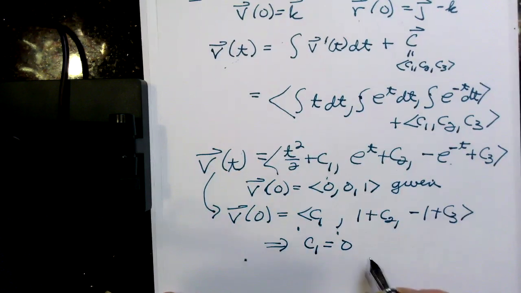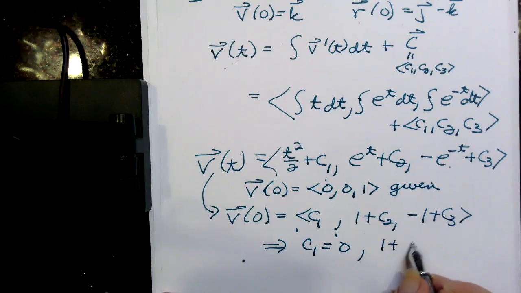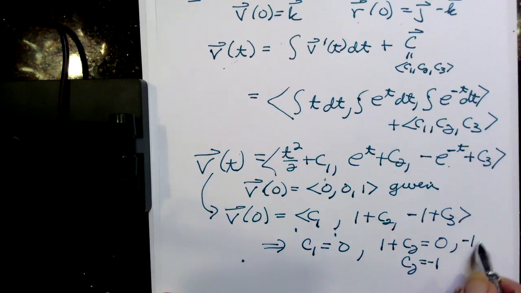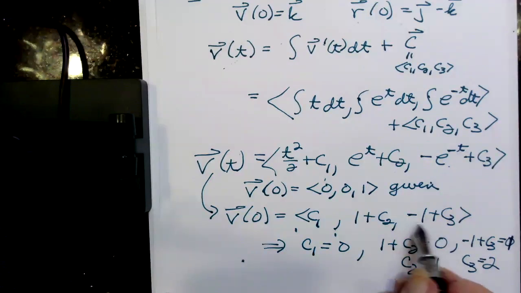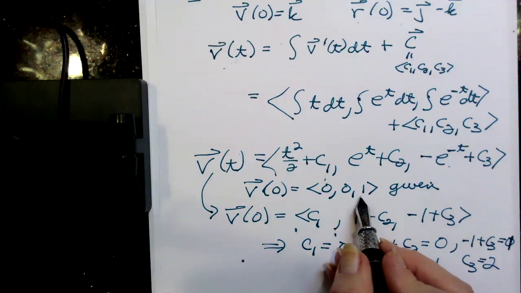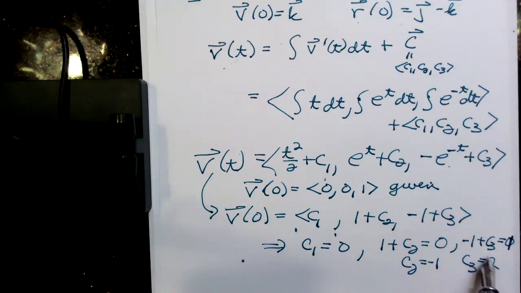These two have to match. 1 plus c2 equals 0, so c2 is minus 1. And minus 1 plus c3 equals, I'm sorry, equals 1, so c3 equals 2. Because minus 1 plus c3 has to be equal to this one, which is 1. So that says that c3 equals 2.